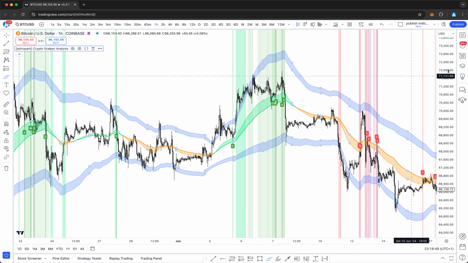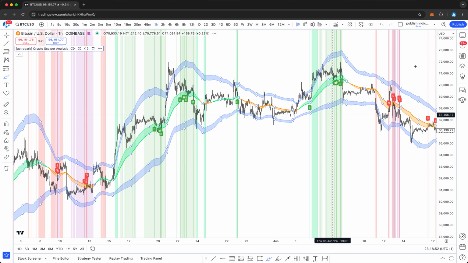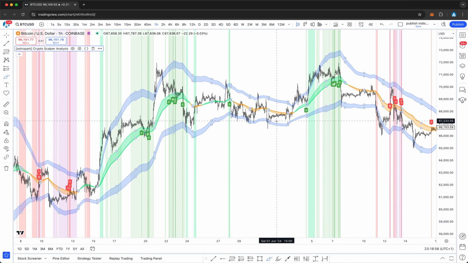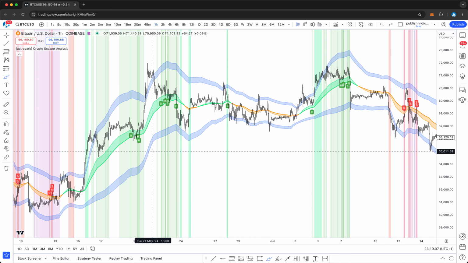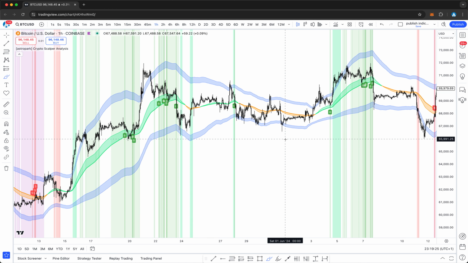We enabled everything. All right, in my experience, these bands are supposed to be like the range in which we suppose price will continue trading. We have a big move. After a big move, price can't move with such high volatility without stopping at some point.